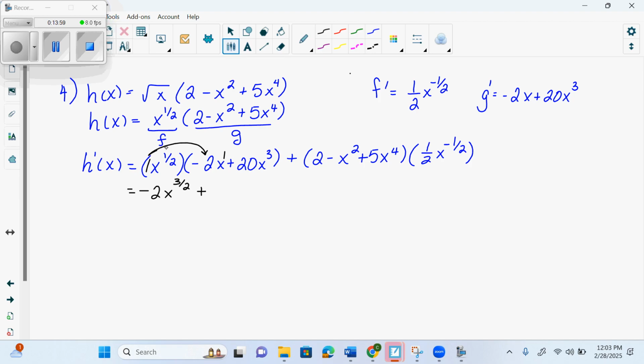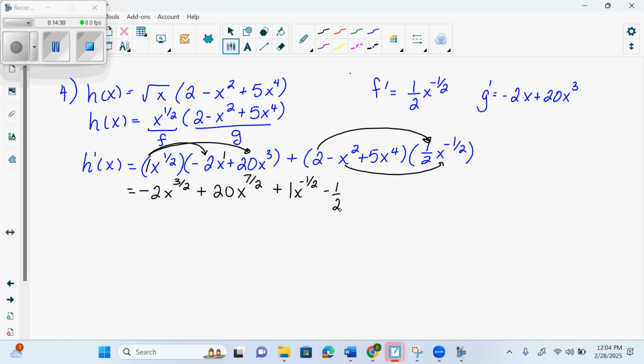Plus 1 times 20 is 20. x to the half and x to the 3 is x to the 3.5, right? Which is what? 7 over 2. Plus 2 times a half is 1, x to the negative a half, because it didn't have a variable. And then negative 1 times a half is negative a half.